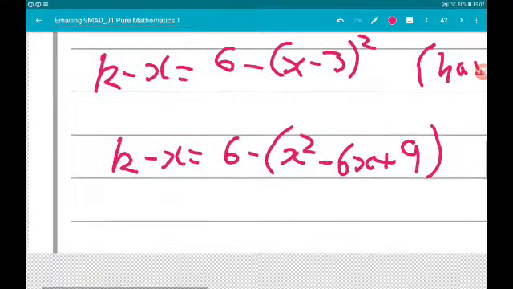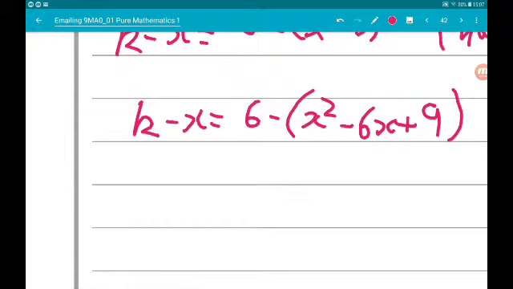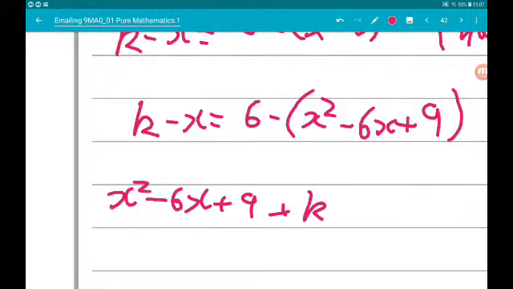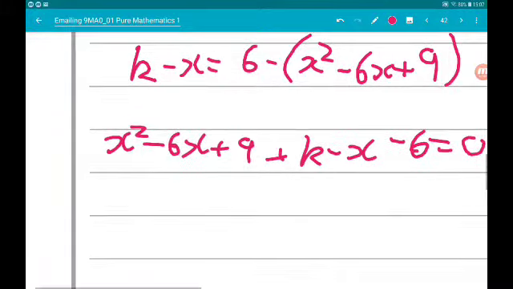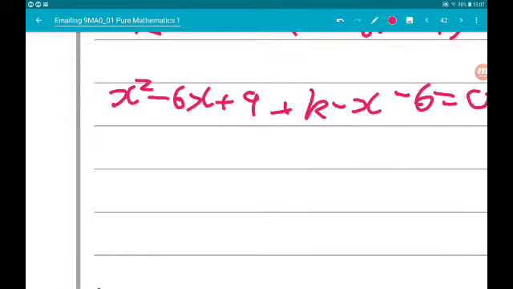Now I'm going to move all of that bracket to the left, so we get x squared minus 6x add 9, add k minus x. I'm also going to move this 6 over to the left, so minus 6 is equal to 0. Let's simplify that. We got x squared, minus 6x minus another x, so that's minus 7x. Then we got add 9, add k, minus 6.